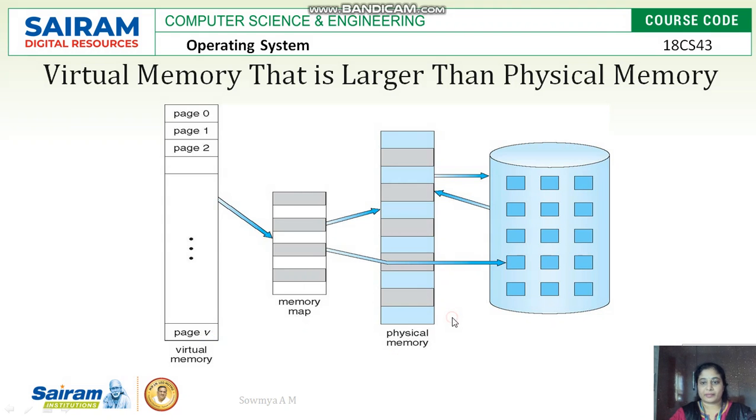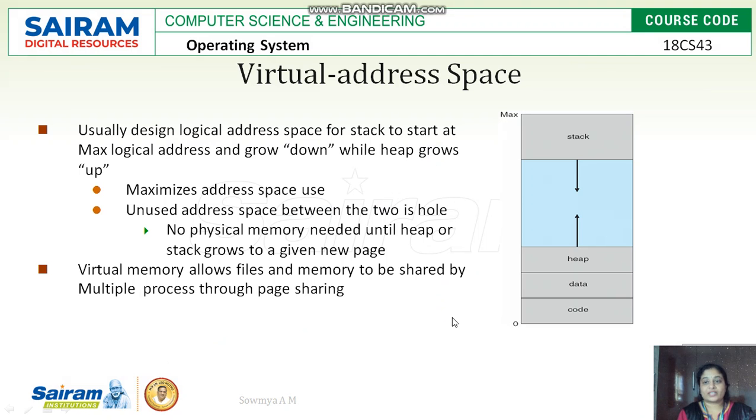So what is the virtual address space? Usually the logical address space is designed for the stack to start at a maximum logical address and grow down, while the heap grows up. Like the process control block data, we have a stack and a heap. The stack grows downwards and the heap grows upwards.